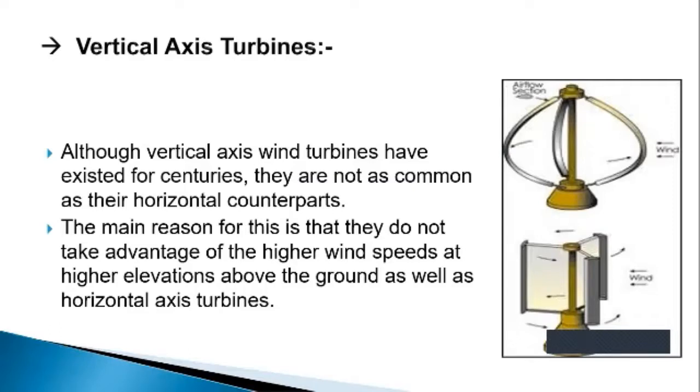Vertical axis wind turbines were used for about centuries. This is not the most common type of wind turbine because the main reason is that it requires high wind speeds at higher elevation, but we install the turbine at the ground or the basement.